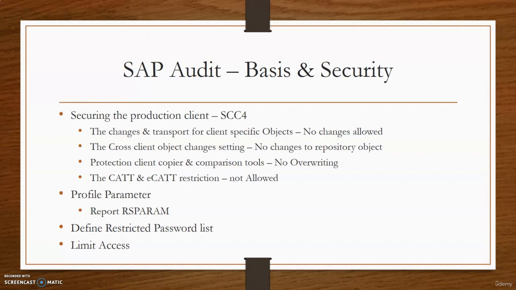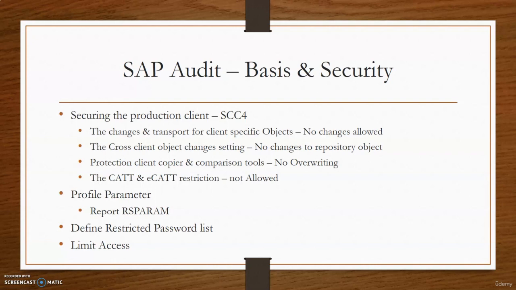Then the fifth thing we need to look into is CATT and eCATT restrictions, which should be set to eCATT and CATT not allowed. We should also look into who has performed the changes, when the changes were performed, where the request for those changes is, and why that particular client was opened to perform the activity.